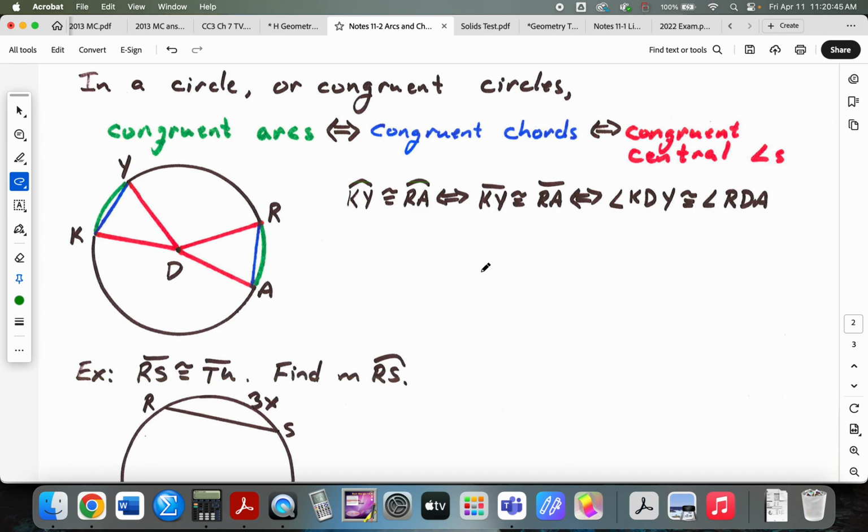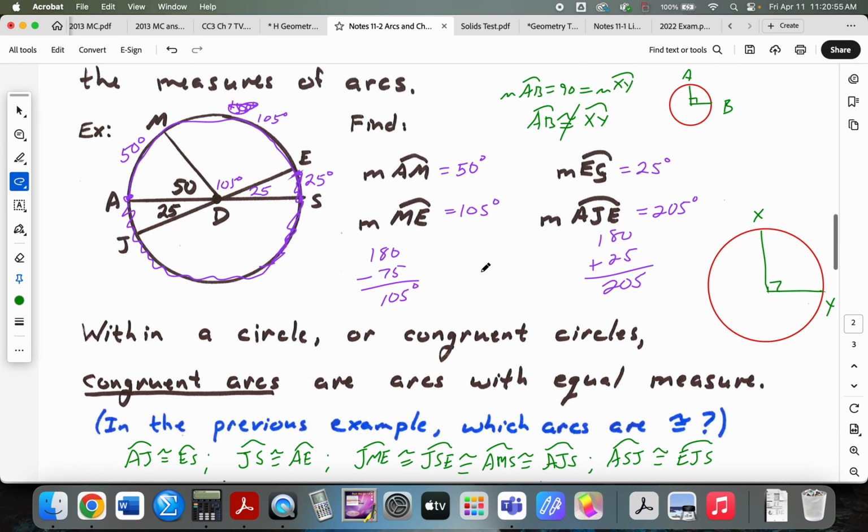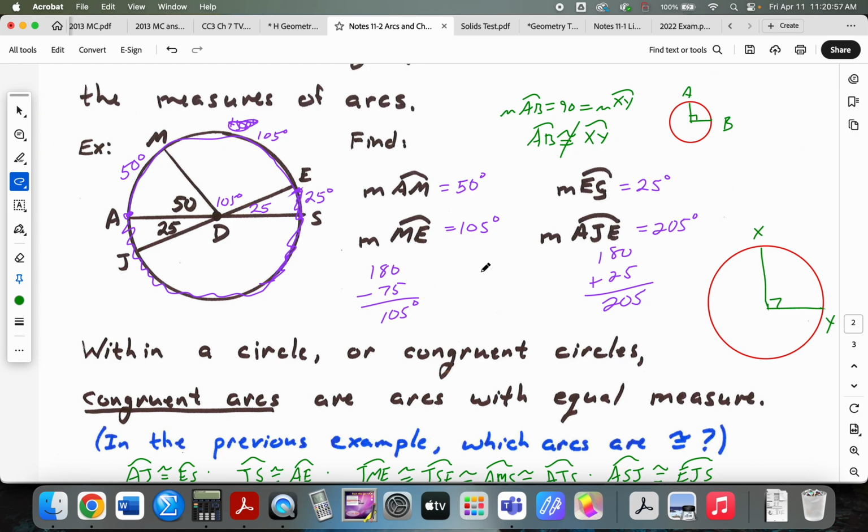All right, and again, it's important that they are out of congruent circles or out of the same circle. Much the same reason as we had up here. If here I've got congruent central angles, but if I was to draw in that chord and this chord, are those two chords congruent?